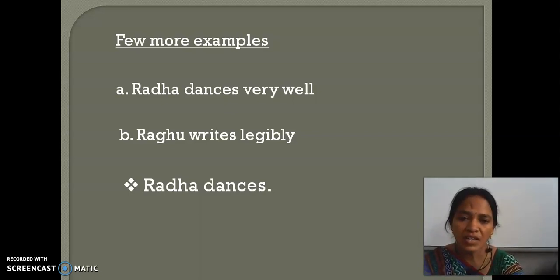Radha dances well. Now I have not highlighted anything and I want all of you to do it on your own. Just do the steps that we have done in the previous slide. Very simple. Underline the verb and then identify your adjective.